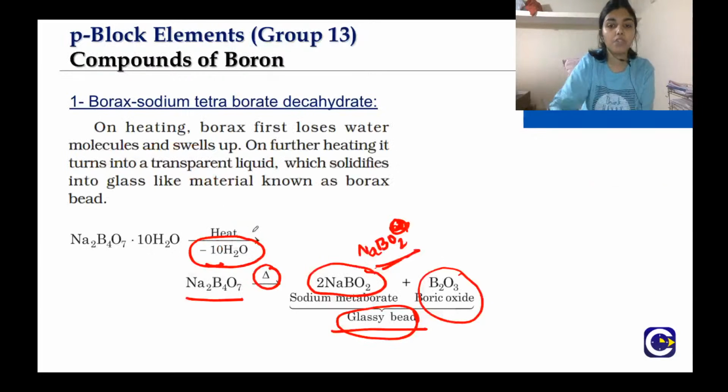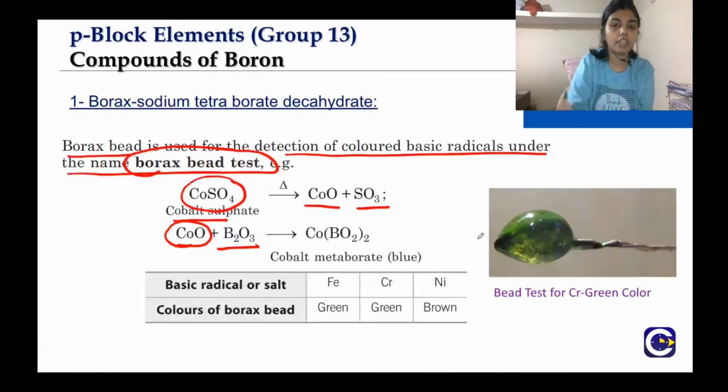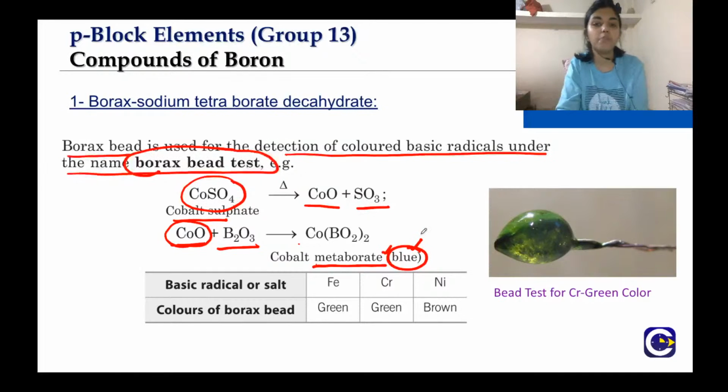Now, how was B2O3 formed? Boric oxide was formed when you heat borax. First, it loses water, and then if you heat it again, you will get boric oxide. This boric oxide combines with metal oxide to give you colored compounds which are known as metaborates. So cobalt metaborate is blue in color. So if you get blue color, that means your compound contains cobalt in it.